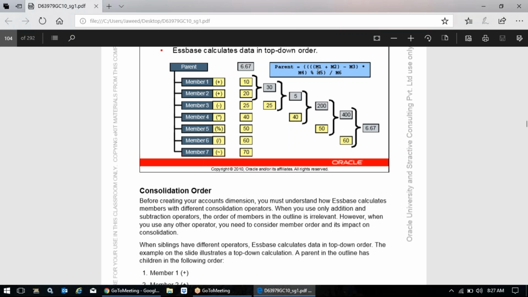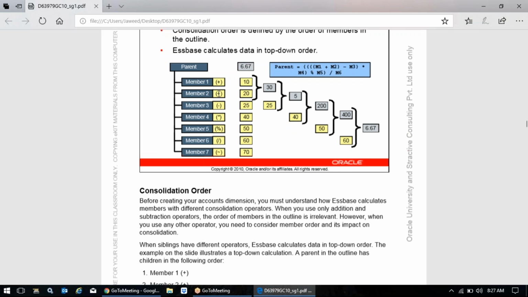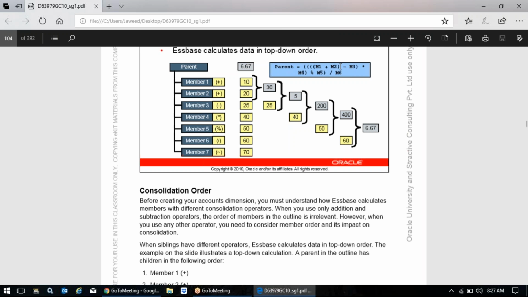It performs the addition first, m1 plus m2, and then it deducts m3 from whatever the result is, m1 plus m2 minus m3. The first bracket ends with m1 plus m2, and the second bracket ends with m3.